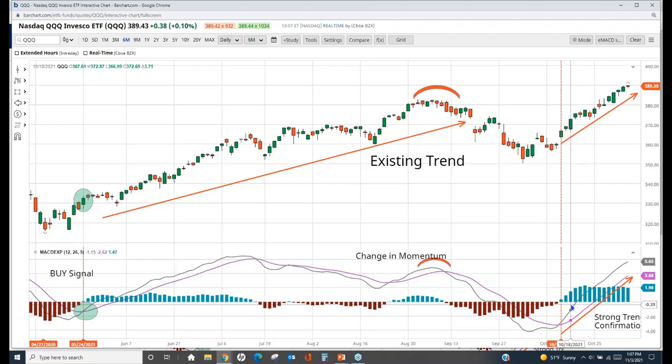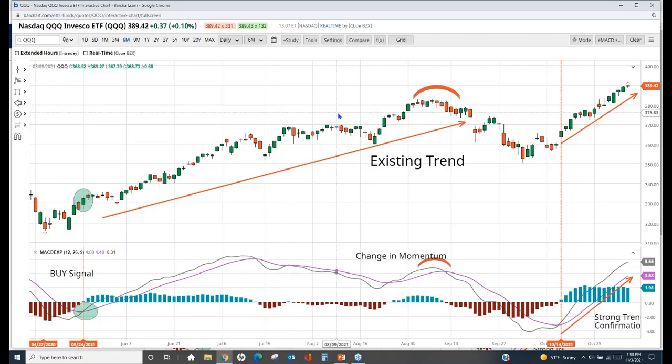If the MACD line is above 0, now this is an indication of an uptrend. You can see that well defined over here. Here's our MACD line that is above 0, and you can see the resulting uptrend.